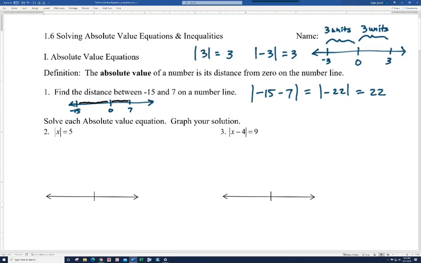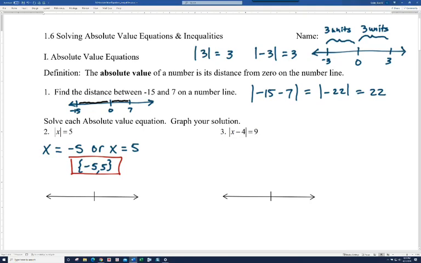If you take the absolute value of some number and you get 5, there's two possibilities here. Either x is -5 or x is +5. I mean, we saw that up above with 3 and -3. So the only two values we could get here for x that make this equation true are x equals -5 or x equals 5.